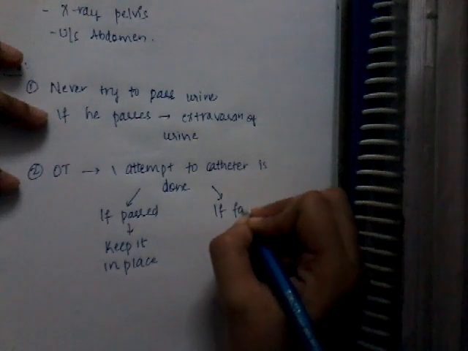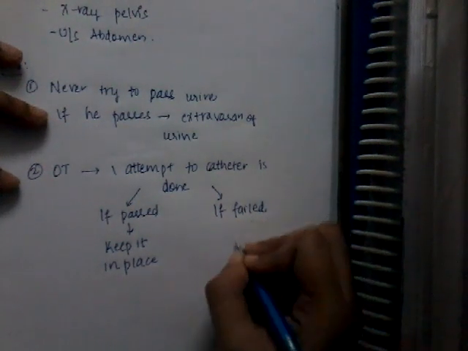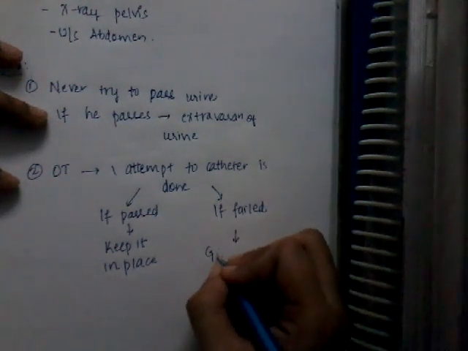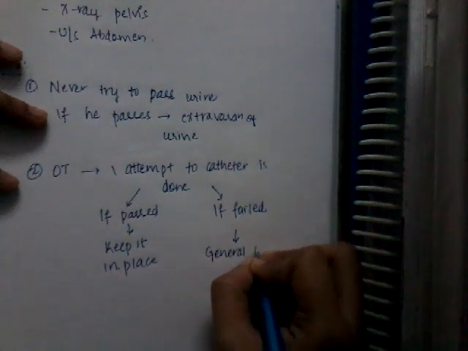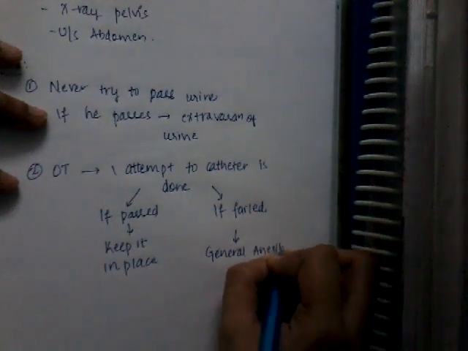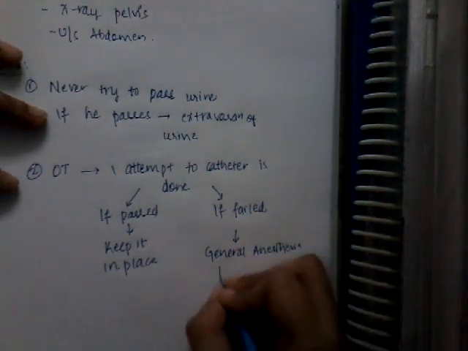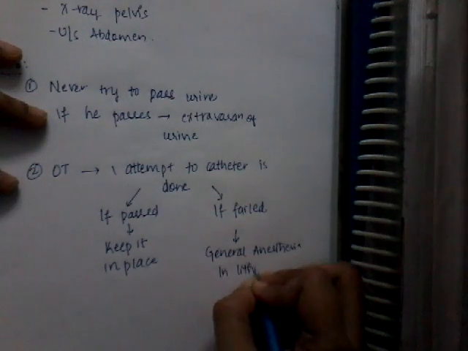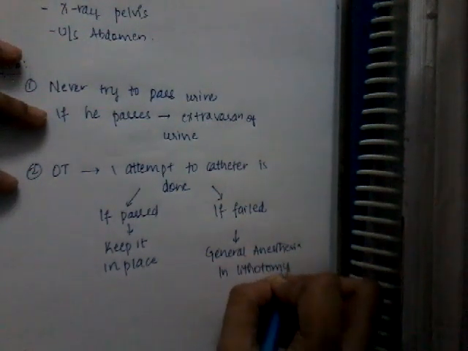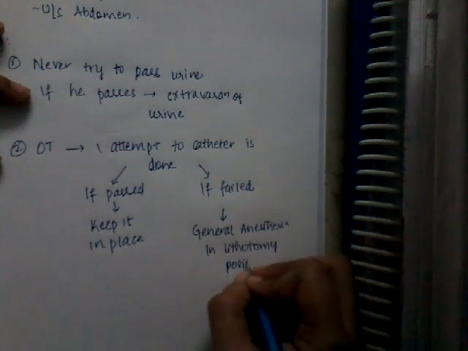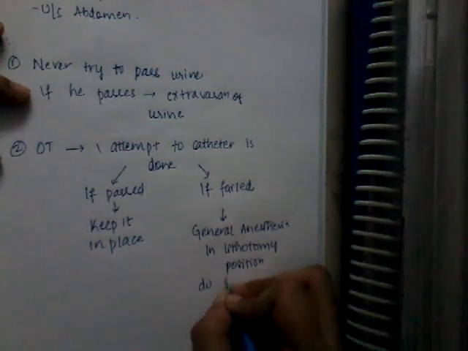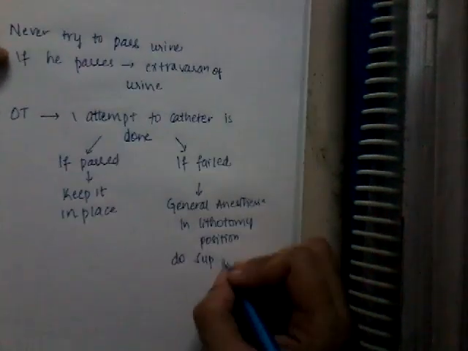If failed, if it does not pass, then under general anesthesia, in lithotomy position, you should do suprapubic cystotomy.